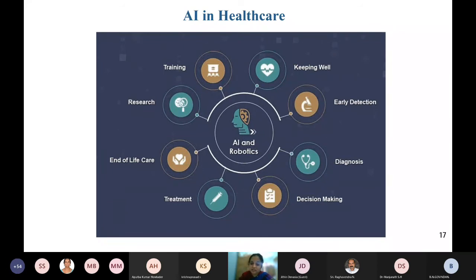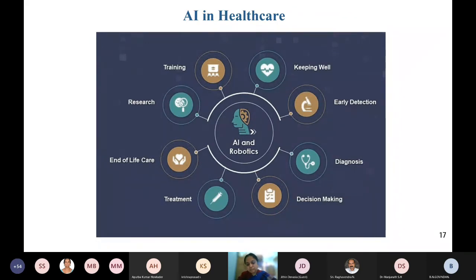Diagnosis of a certain ailment, decision making. So let's say I have taken up a robotic surgery. If it is not a remote surgery and the robot is so sophisticated that it can do a certain thing, it might have to take a decision after this particular step about what I need to do. So decision making becomes necessary in healthcare as well. Treatment.